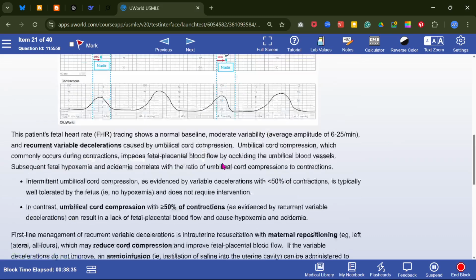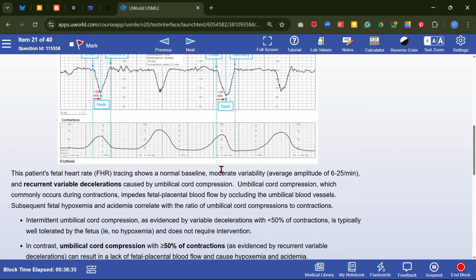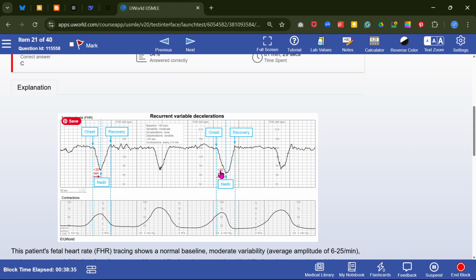Here, this is recurrent variable deceleration, not early deceleration, because I actually calculated wrong. From onset to nadir is less than 30 seconds, so it is variable deceleration.